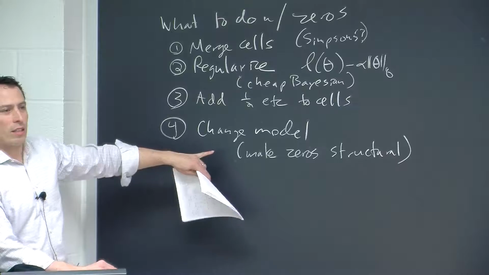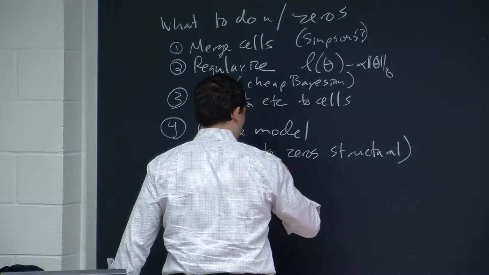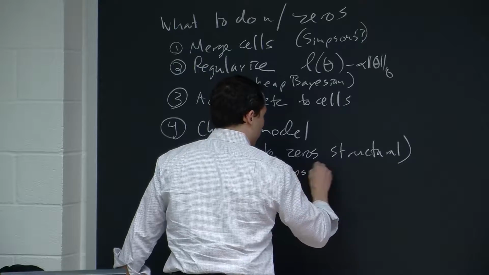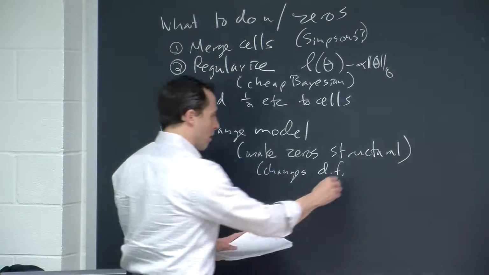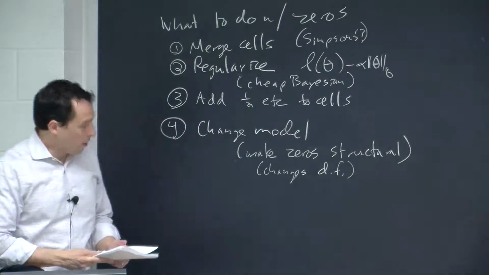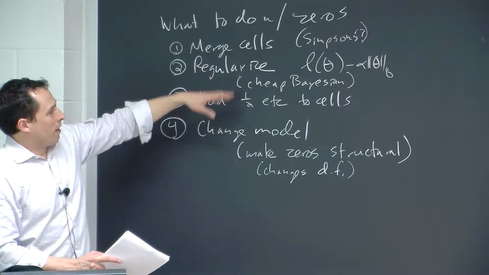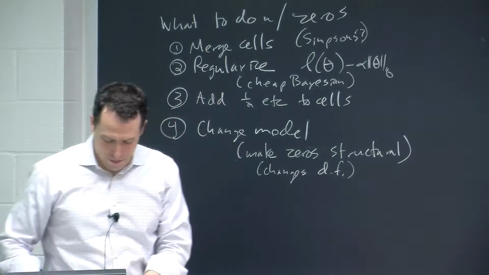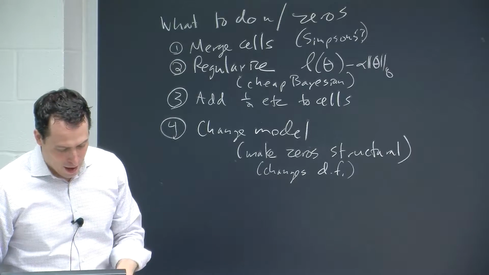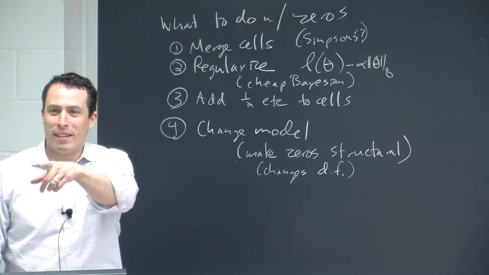That's a pretty strong assumption. Obviously, it changes a lot, including your degrees of freedom. Sometimes it can make sense to do. I'd say this is harder to justify. These are maybe increasingly difficult to justify, or require increasing amounts of text devoted to explaining why it was okay that you did that.